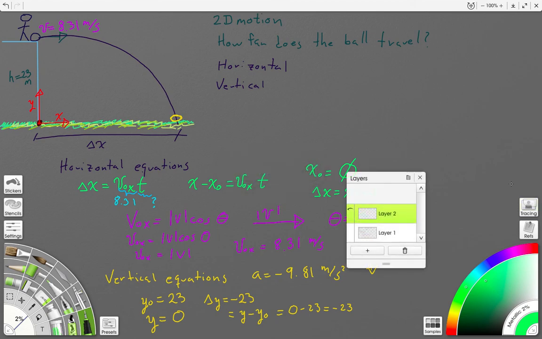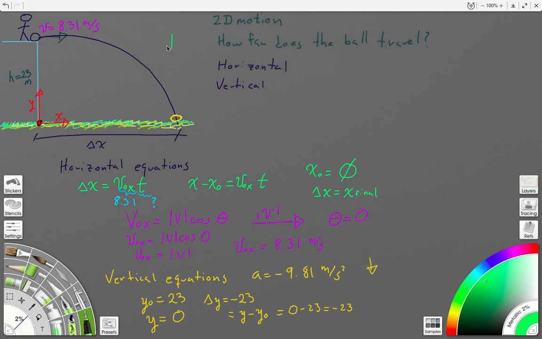So it's being accelerated downwards by gravity, and it's taken 2.17 seconds to actually fall from this position to this position. Those same 2.17 seconds is the amount of time it took the ball to go from this position in the x direction to this position in the x direction.